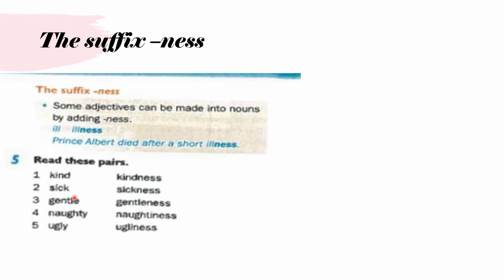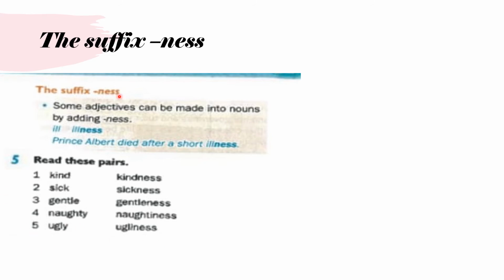Okay, here we have lots of adjectives that changed into nouns by adding the suffix ness. Let's read them. Kind, kindness. Sick, sickness. Gentle, gentleness. Naughty, naughtiness. And ugly, ugliness. So, these are the adjectives.